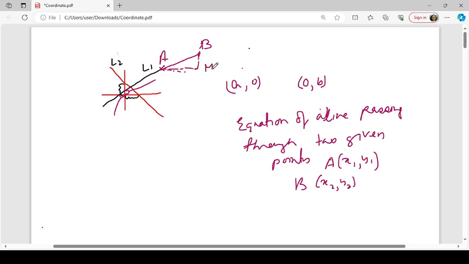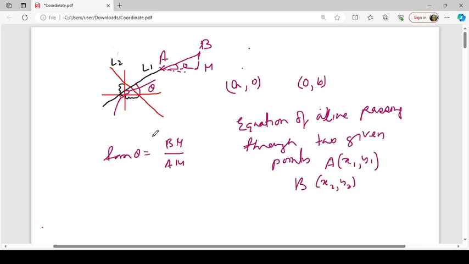Suppose this is M, then AM, BM. This angle is theta, this angle is theta. Same angle means tan theta is the gradient. And what is tan theta? Tan theta is BM by AM.